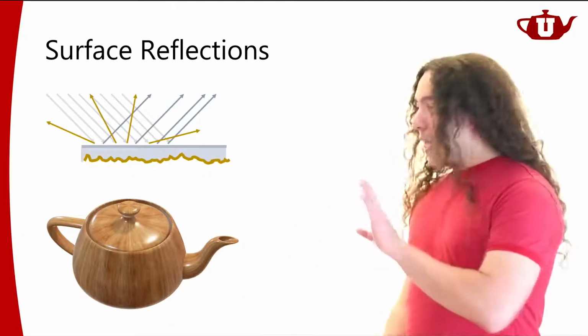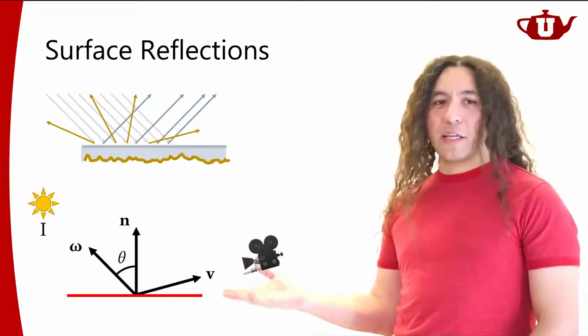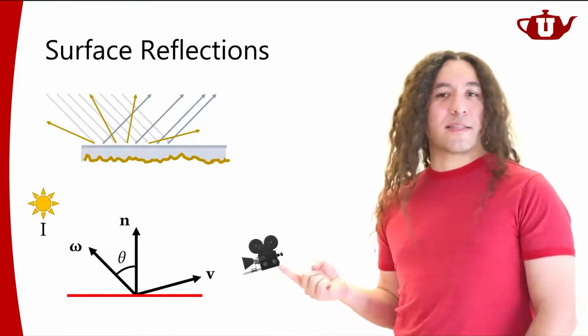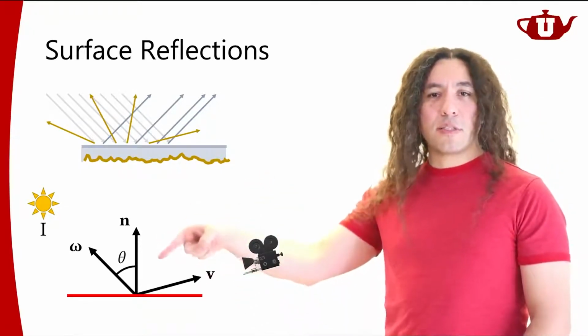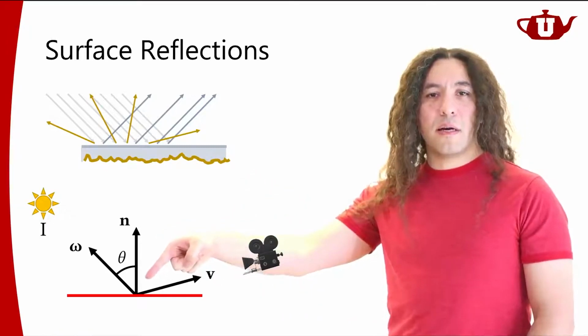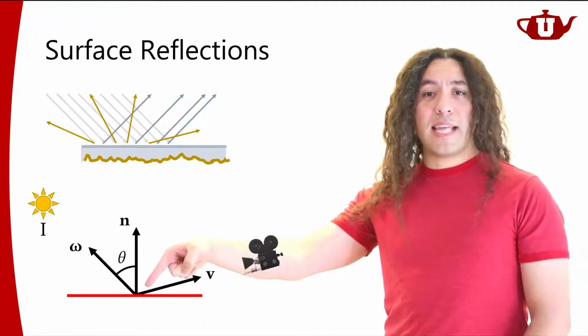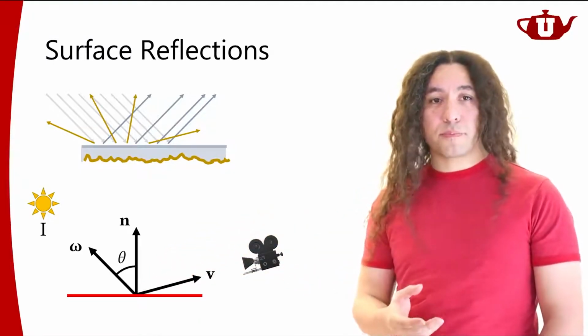So anyhow, let me get rid of this and show you this image. So what we're trying to do is some sort of shading, and when we're doing shading, this is the setup that we got, right? We have some light hitting the surface, and we are interested in knowing the color at this point. More specifically, the light that is reflected along this viewing direction. That's what we're interested in.